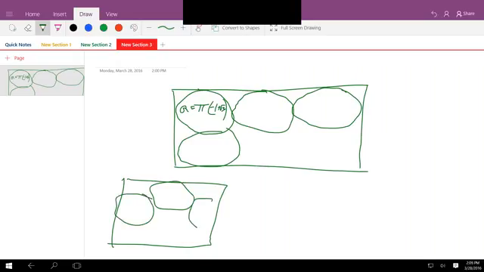And then there's two. Yeah. Just like that? And it makes like two little triangles in the middle. Oh, no, not like that.